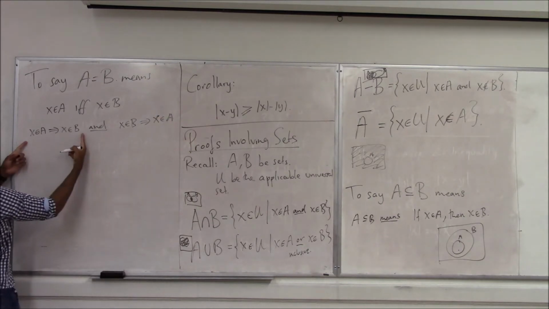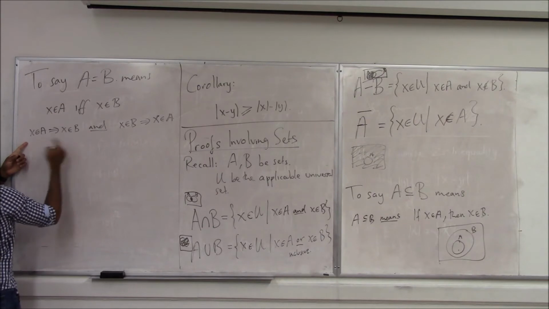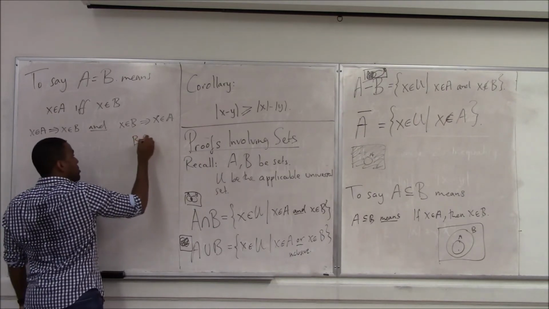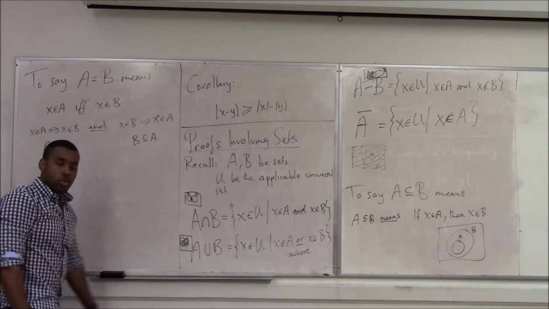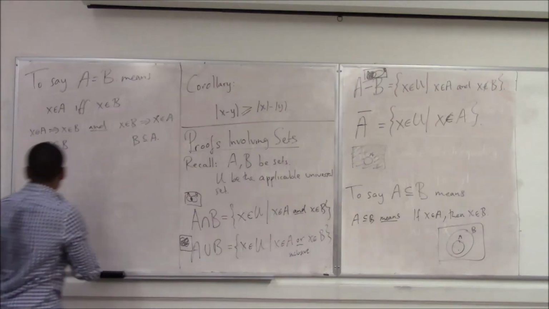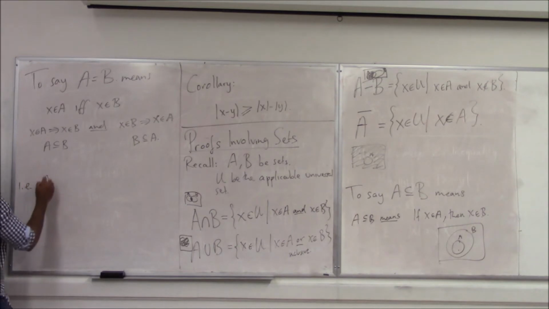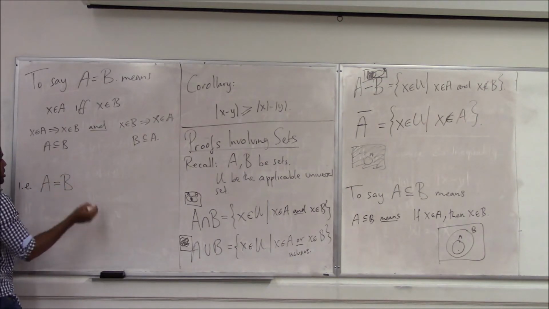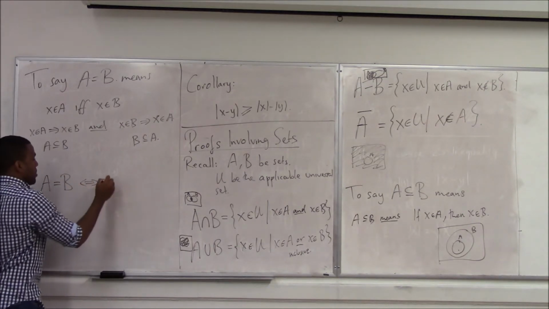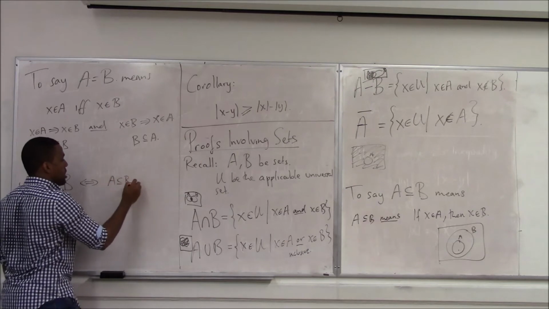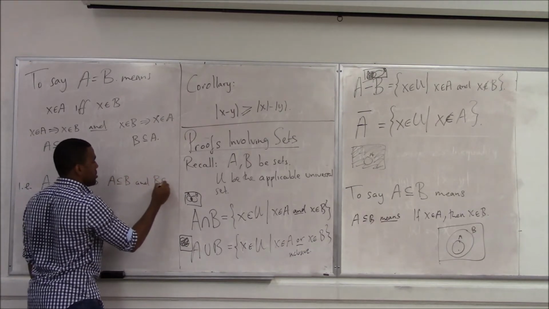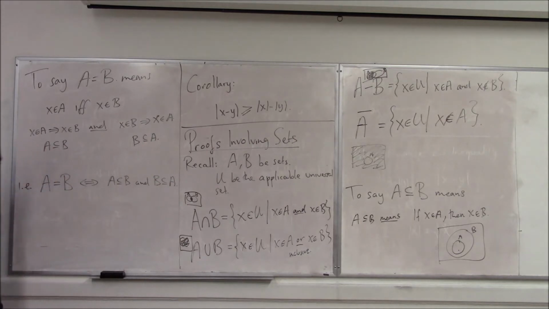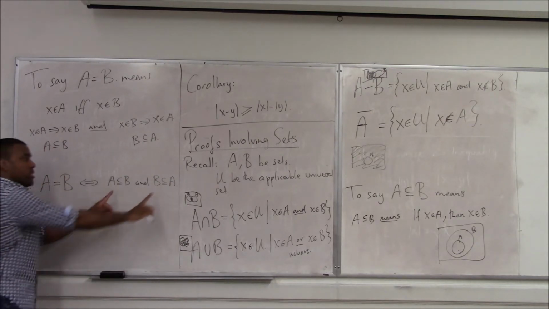But what is this our definition of? Oh, so A is a subset of B. Right, that's saying that A is a subset of B, and this is saying that B is a subset of A. In other words, two sets are equal when they're subsets of each other. I.e., A equals B if and only if A is a subset of B and B is a subset of A. So if you want to prove that two sets are equal, you have to prove these two things.